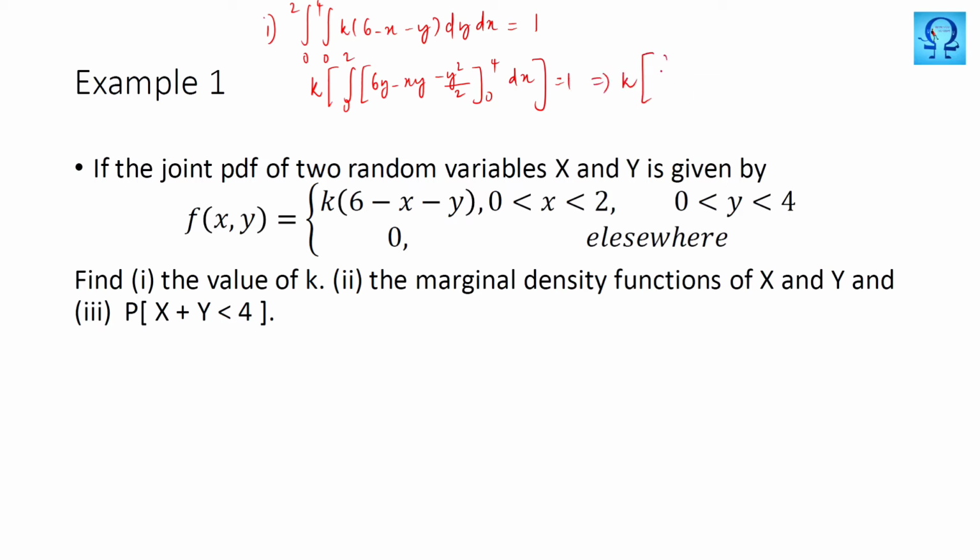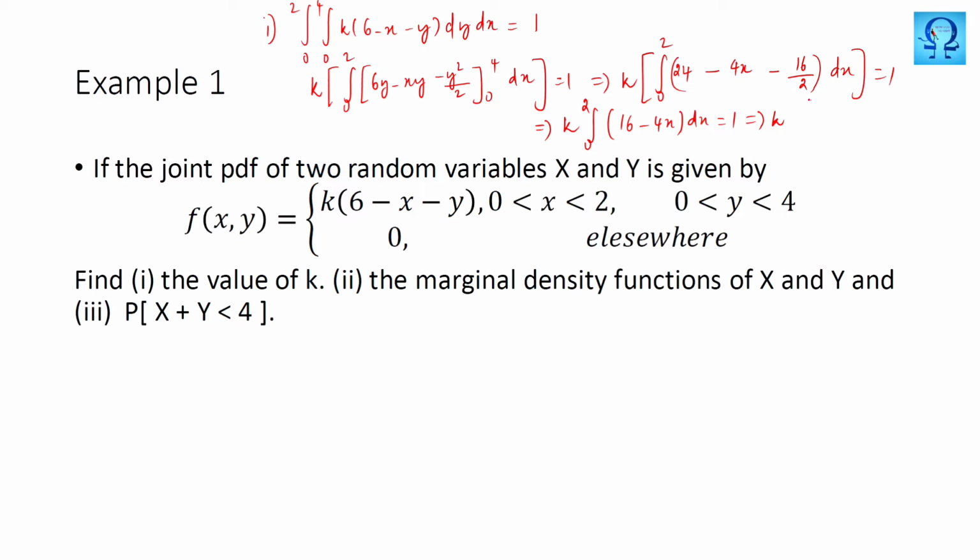So this is k times the integral 0 to 2 of 6 times 4, that is 24, minus 4x minus 16 upon 2, and everything else is 0, dx equals 1. So we have k times the integral 0 to 2 of 24 minus 8, that is 16 minus 4x, dx equals 1.